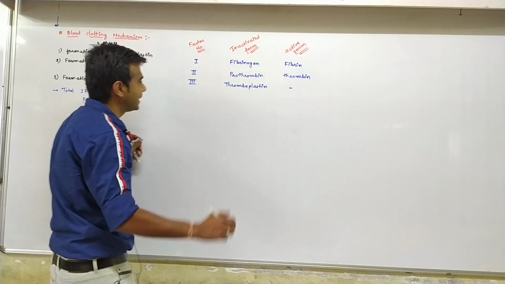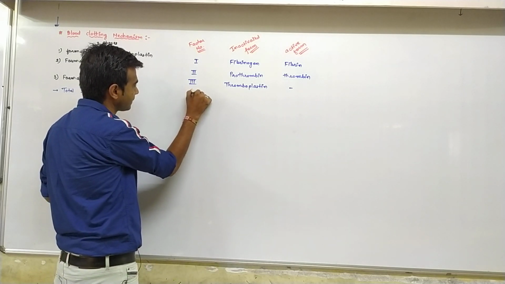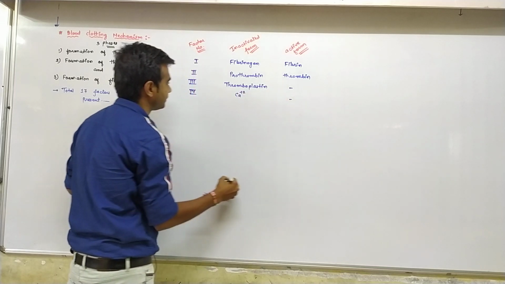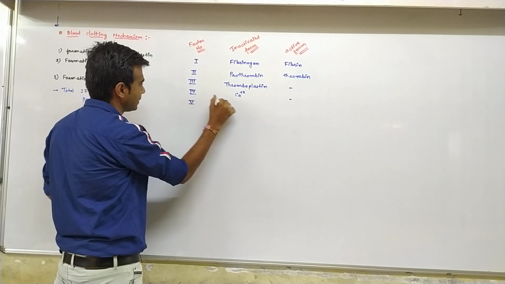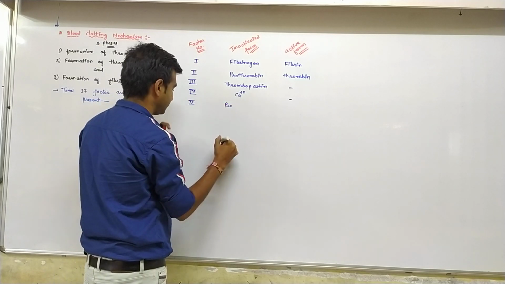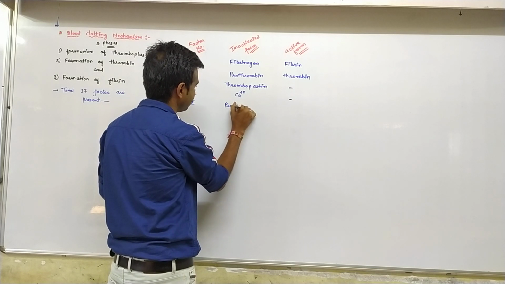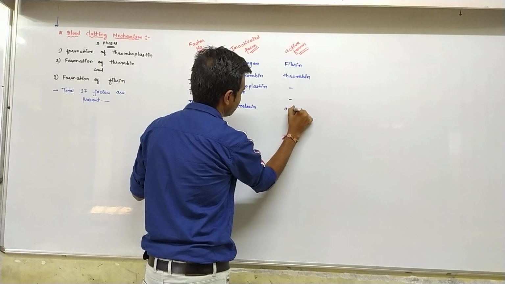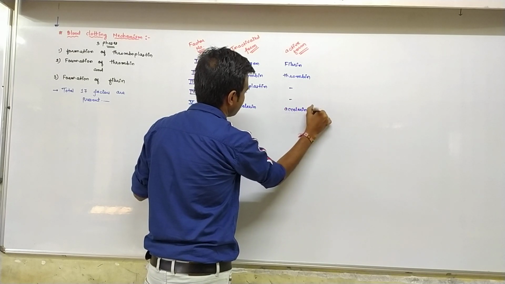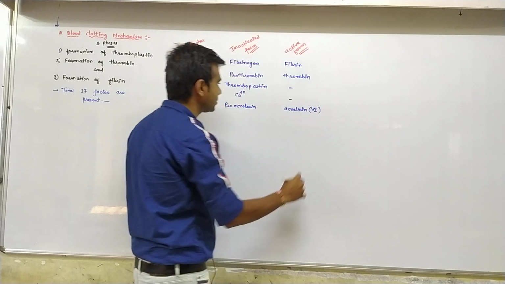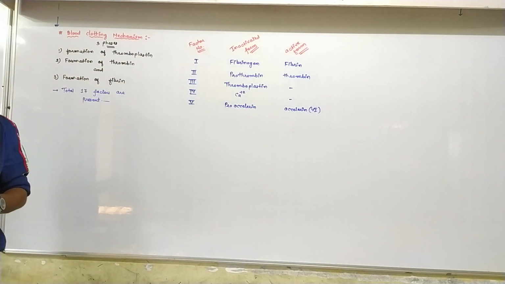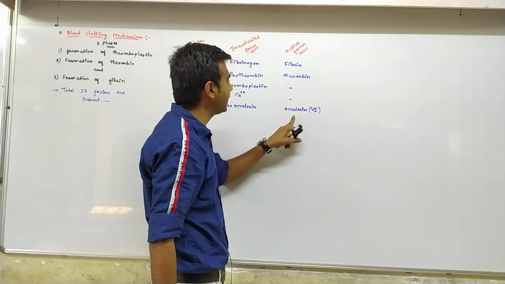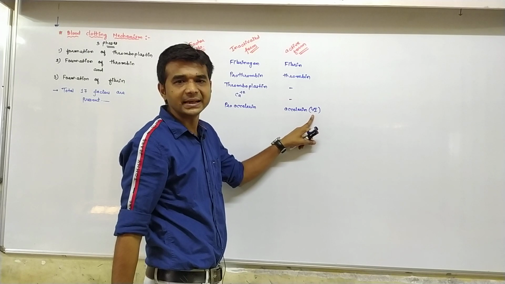So third is thromboplastin, fourth is calcium, fifth is proacelerin. Dear all students, please note down here. The fifth factor is proacelerin, and the activated fifth factor is the sixth factor, acelerin.